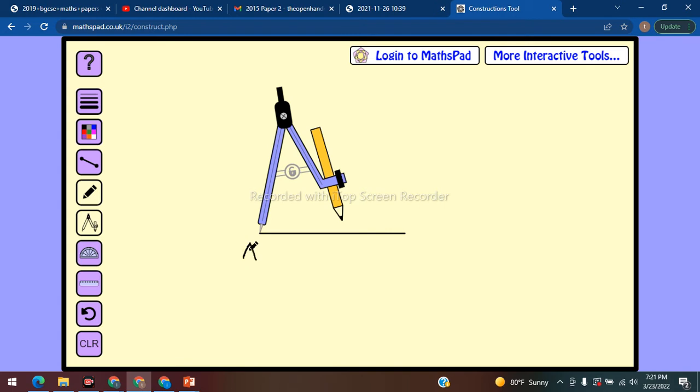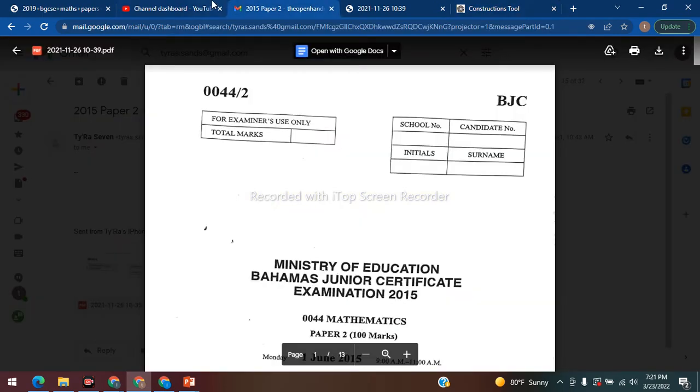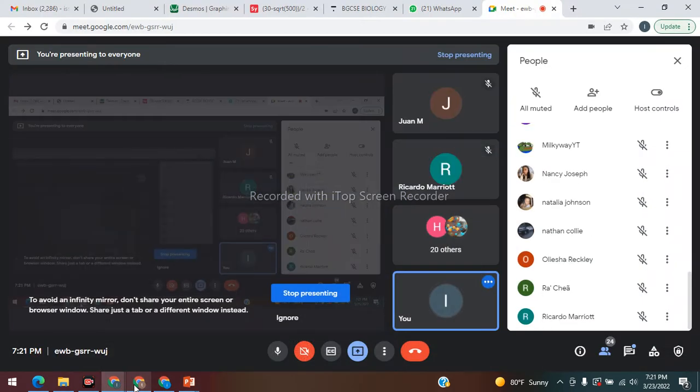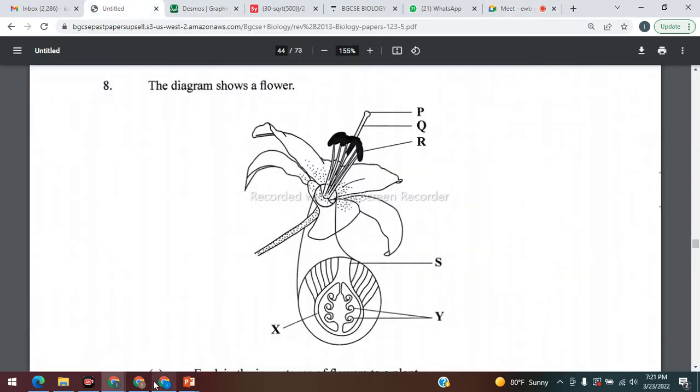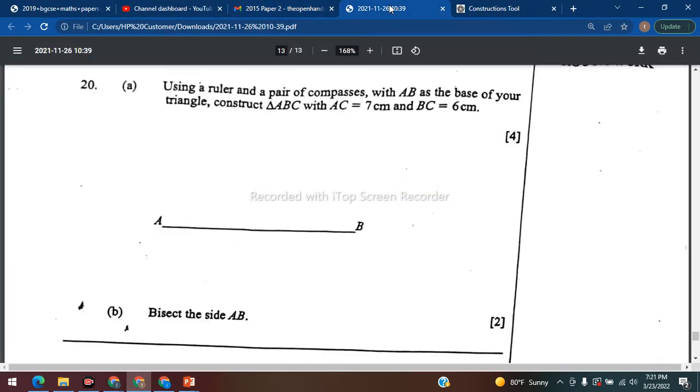So just follow that sequence. They told us to construct the triangle. Then they tell us to bisect it in B. So just follow that sequence. Okay.